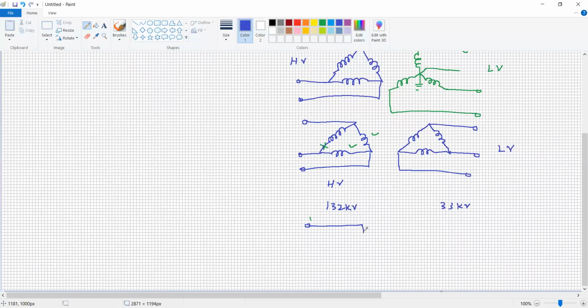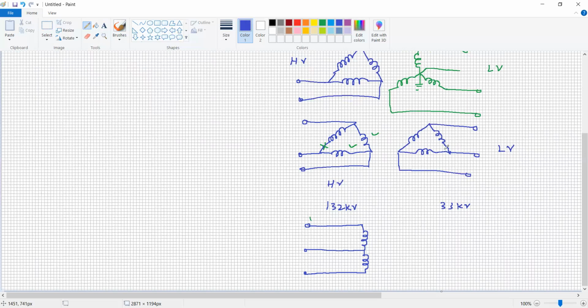This is one winding, this is the second winding, and the third conductor is as it is. So it is just like an open delta connection. This is closed delta, it becomes an open delta, also called a V connection. Suppose this winding is not there, it's just like a V, so it is called a VV connection or open delta connection.